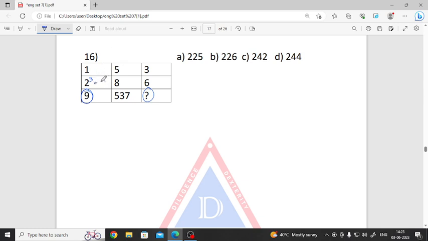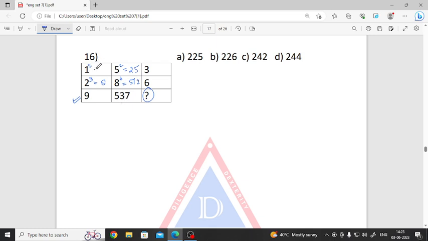So 2 cubed is 8 and 1 is added, we get 9. Again 8 cubed means 512, and we get 37. 37 means what? If we subtract, we get 25. That means 5 squared is 25. See, just add it. 25 plus 512, we get 537.